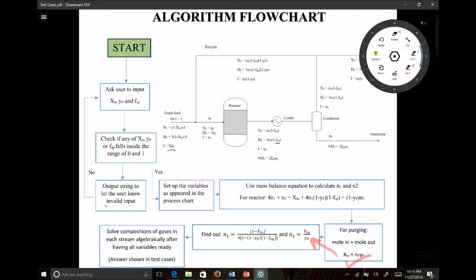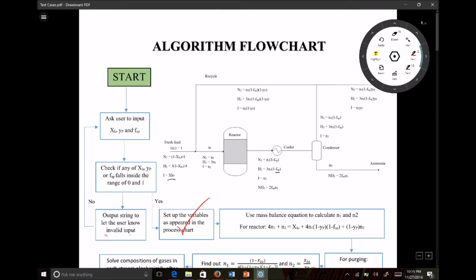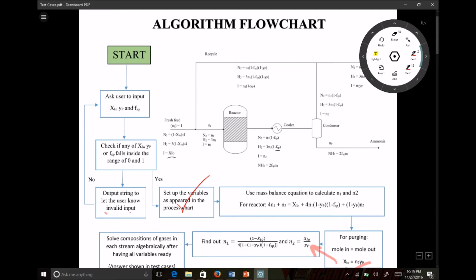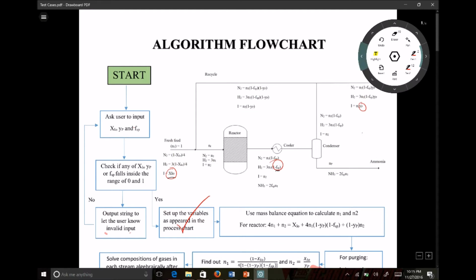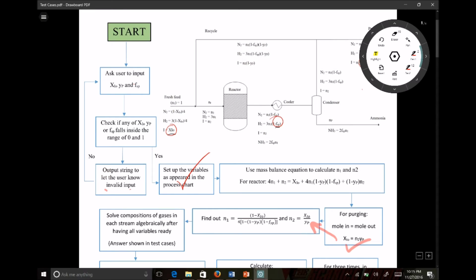I'm going to set out the variables as they appear in the process chart, like over here. This is how you set up the problem and all the variables, and you calculate all of them from n1 and n2.